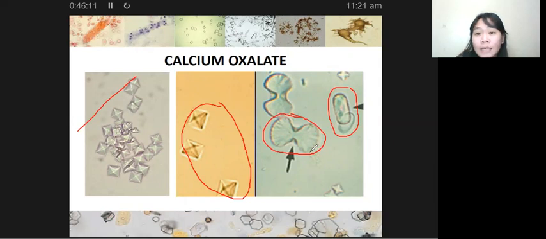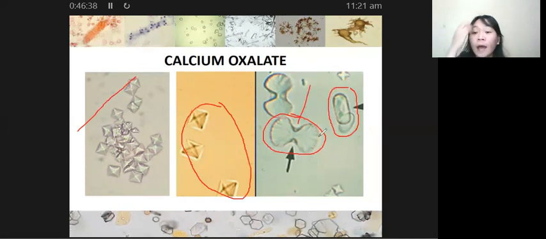Saan ulit ito nakikita? We have ethylene glycol poisoning. In general, our monohydrate, whether it be dumbbell shape or hourglass appearance, may be seen as a consequence of severe chronic renal disease or methoxyflurane toxicity.